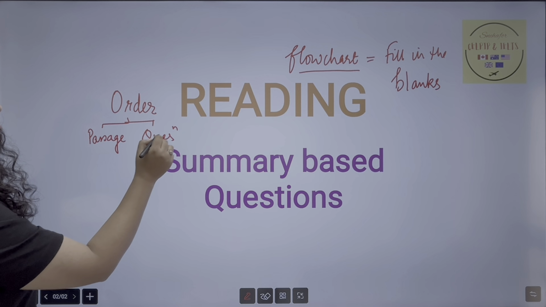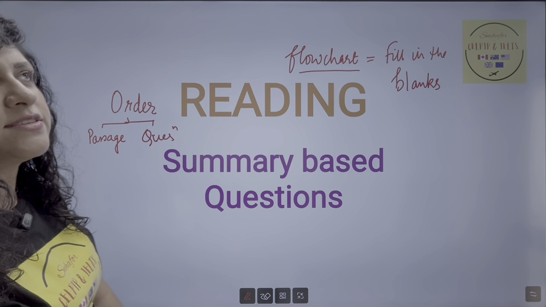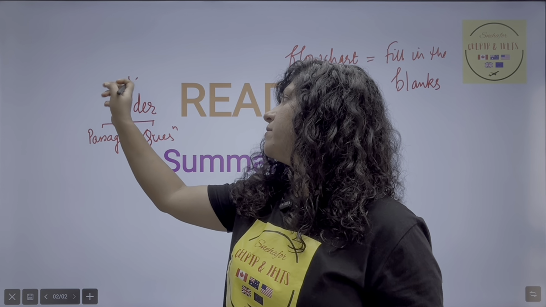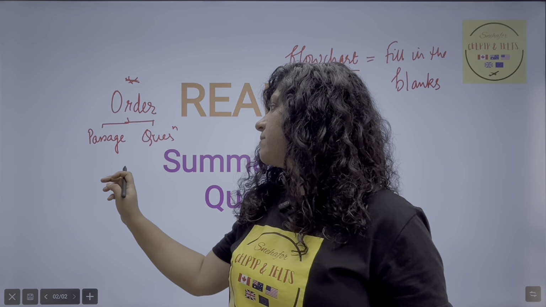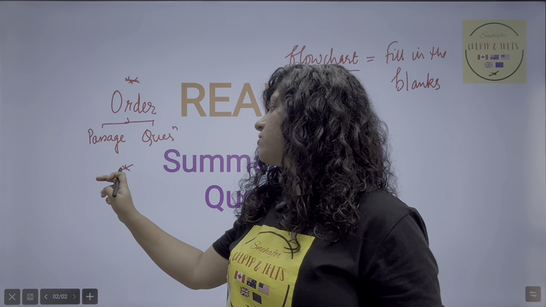That means your questions will appear in the same order as the information in the passage. So the information related to question number 1 within the summary will appear first. Only then will you find information related to question number 2 and so on. That is something you have to remember. It was discussed in the previous video on flowchart based questions as well.